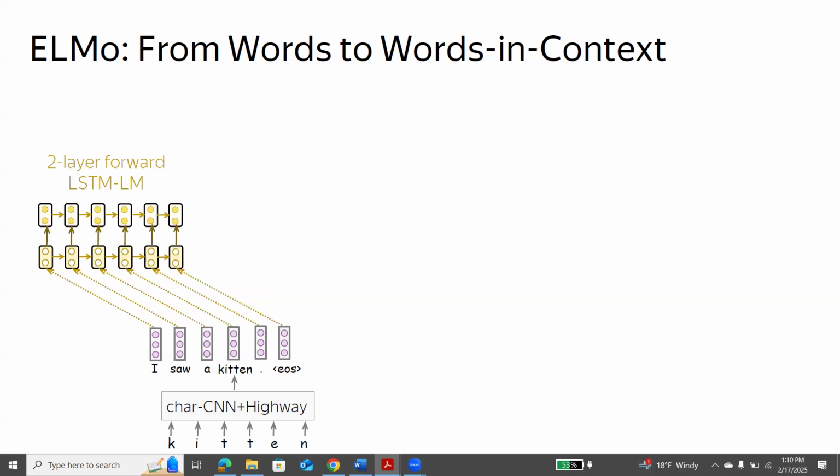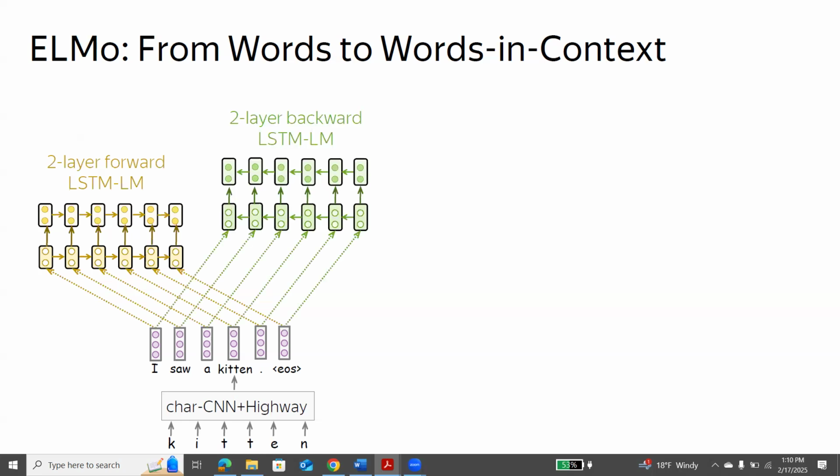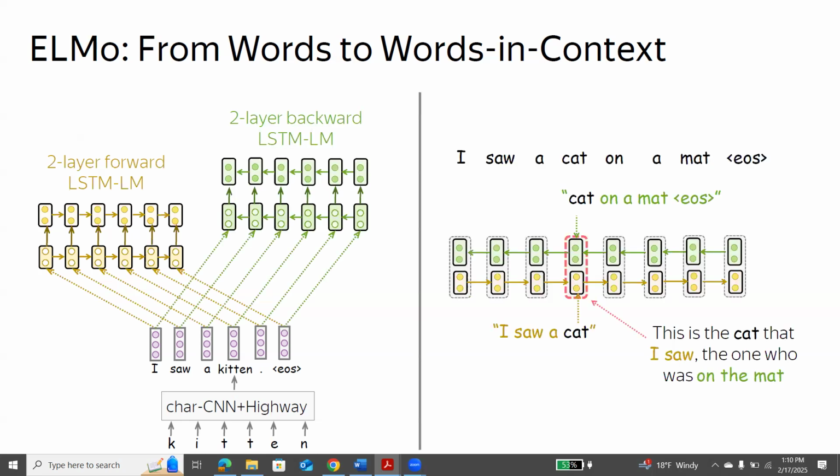One LSTM was forward, another LSTM was backward, and then they took the outputs from the hidden vectors of these LSTMs and concatenated them, and this concatenated vector they used as the context-aware embedding, because the LSTM looked at all the tokens, so that's why the output has information about the input sentence.